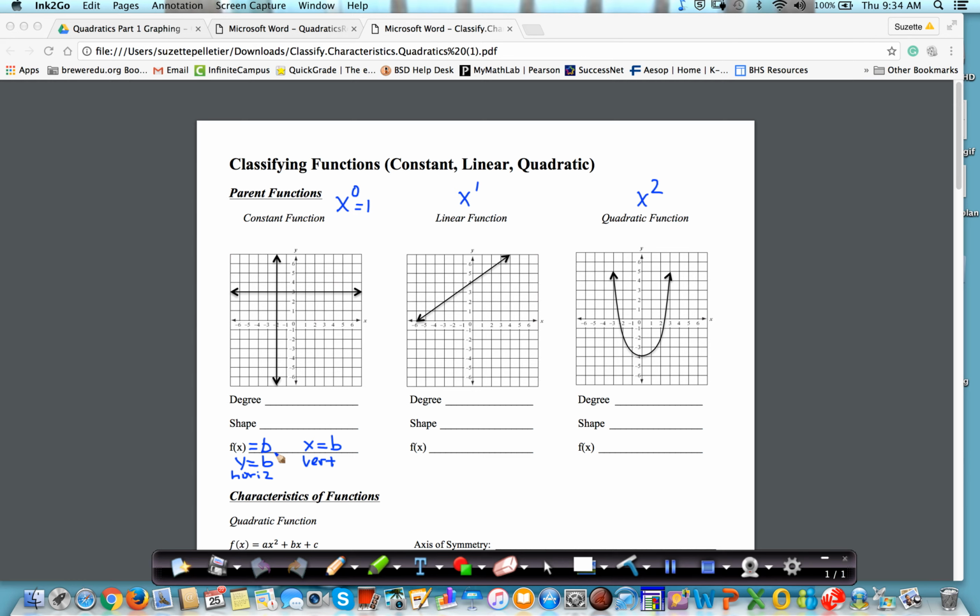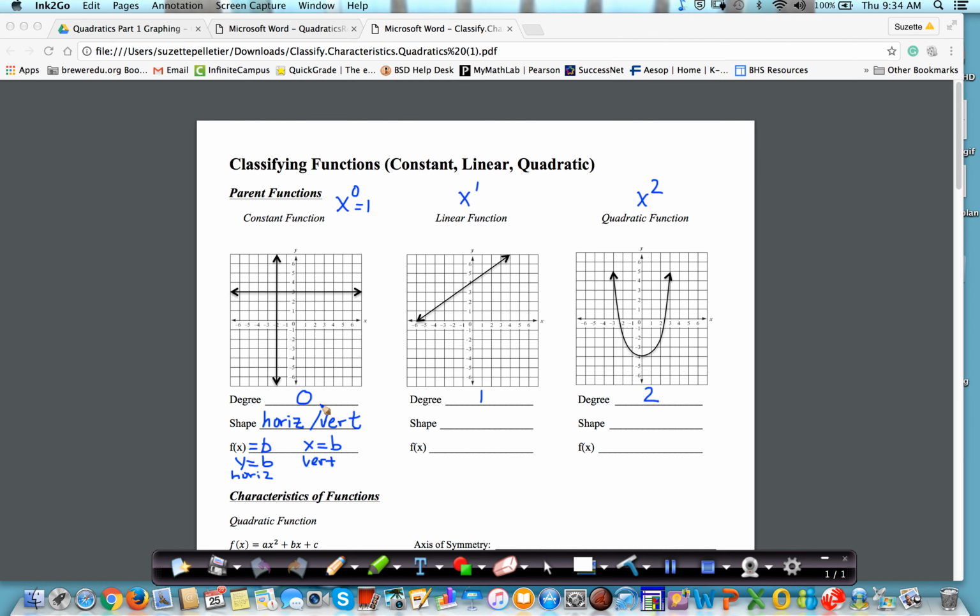It's just some number. We're just going to plot that line in there. It's not really an equation, so to speak. So it has a degree of 0. This one has a degree of 1. This one has a degree of 2. The shape of these two, this one is either horizontal or vertical. There's just no choice other than horizontal or vertical for those two lines, okay?